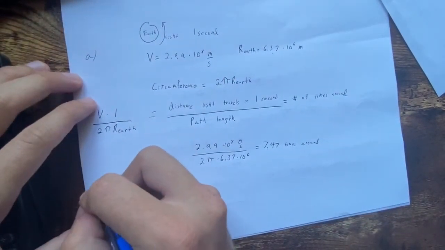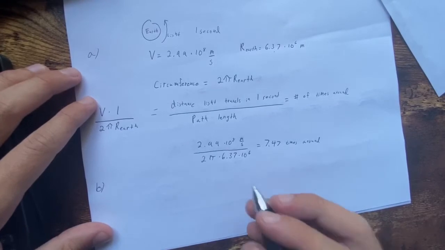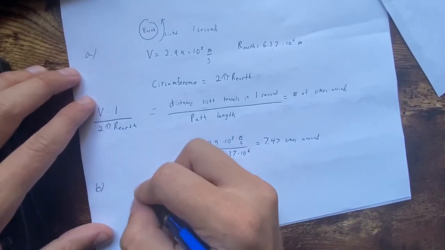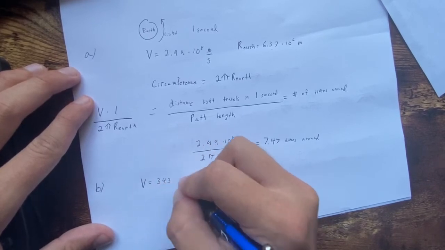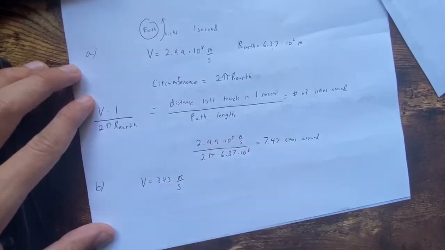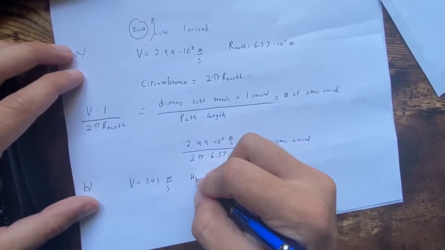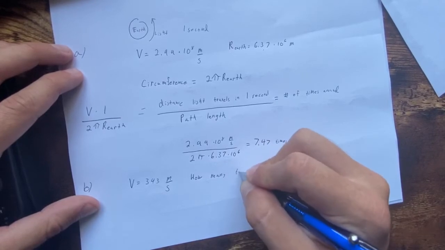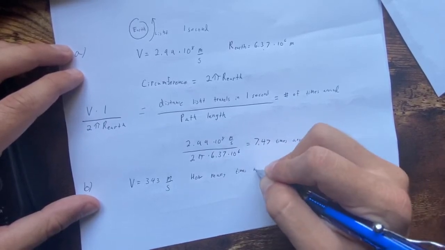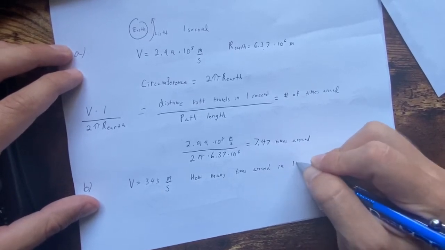Part B asks us to do the same thing for a sound wave in 10 days. So we're told that a sound wave travels at 343 meters per second. And we want to know how many times around in 10 days.